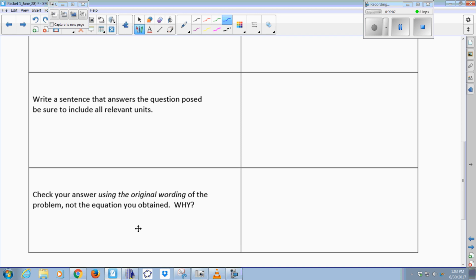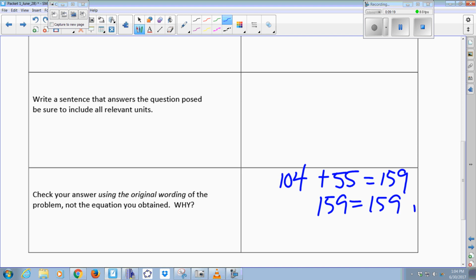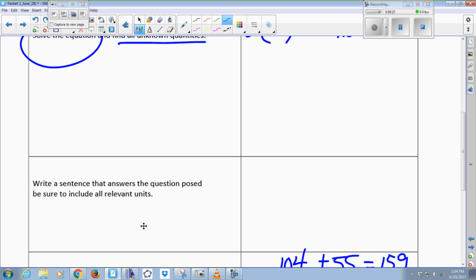So the original problem said that the number reported by the backups plus the starters has to equal 159, and 159 does equal 159. So you want to always answer a story problem with a sentence that answers the question asked. So I would do the following.